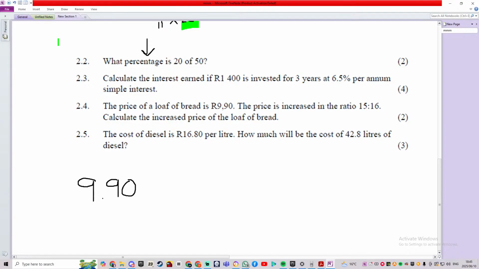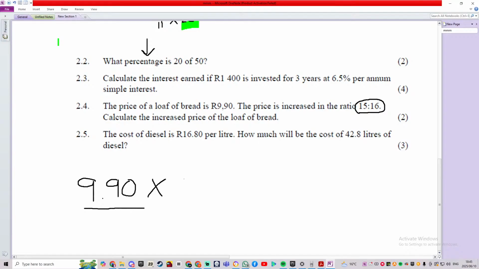So increasing in the ratio 15 is to 16. When we are increasing a ratio, we take this value and we multiply it. Now, remember a ratio, we can also look at as a fraction.